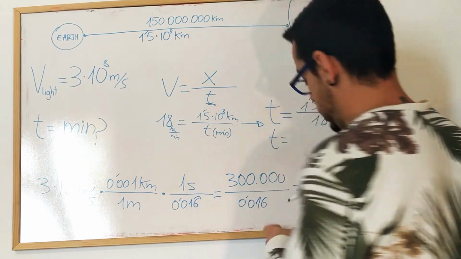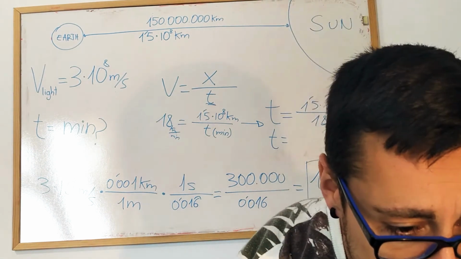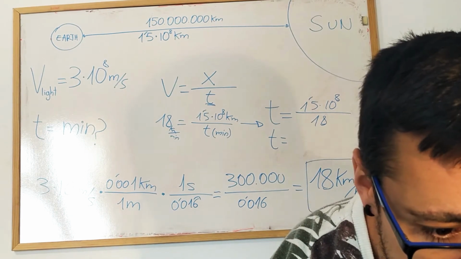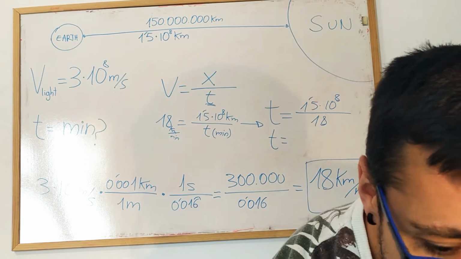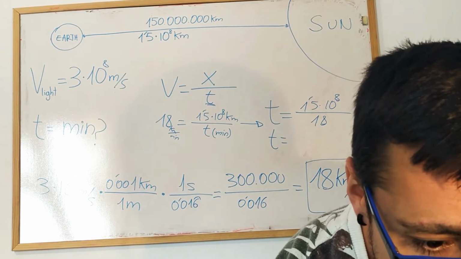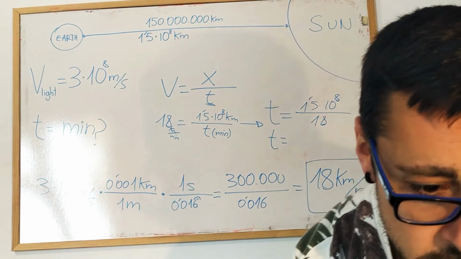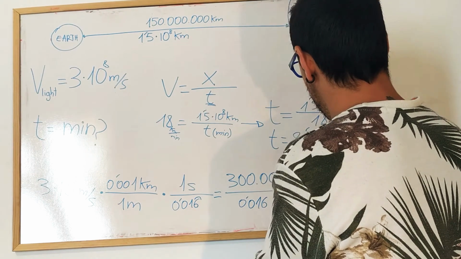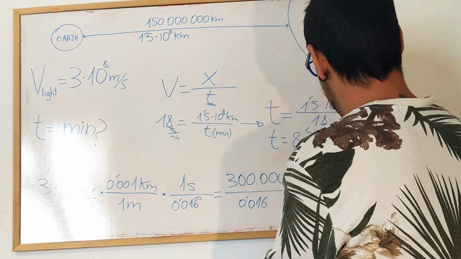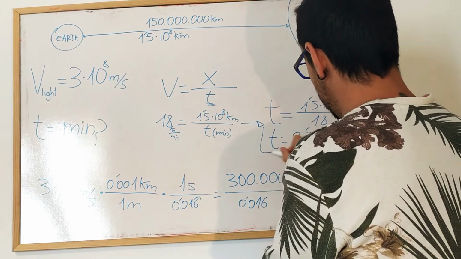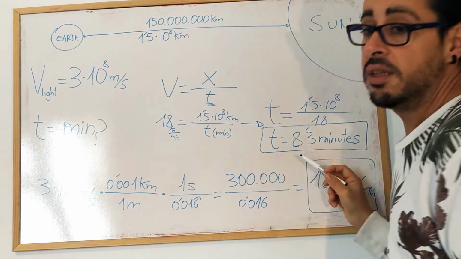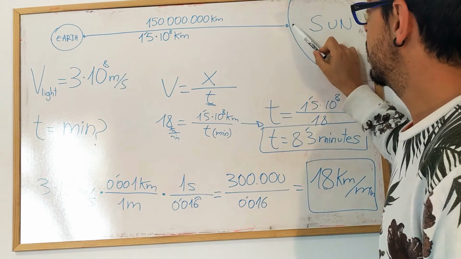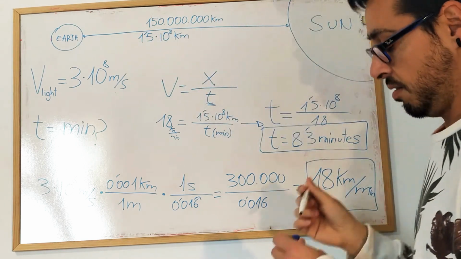So time is going to be 8.3 minutes. It takes the light 8.3 minutes to reach the earth from the sun.